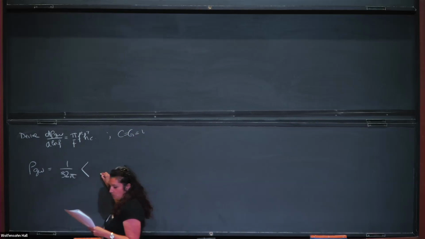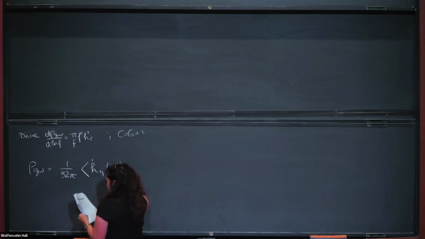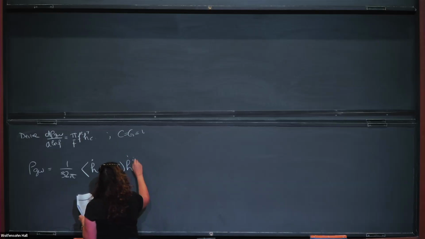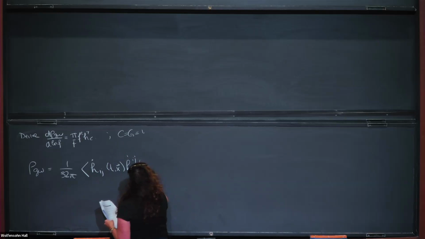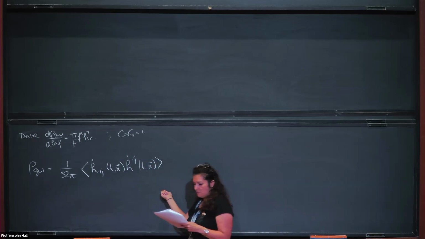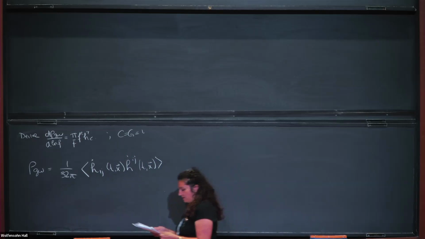So rho GW is 1 over 32 pi, and then we have this ensemble average of h dot ij(t,x) and h dot ij(t,x). So here the dots are the time derivatives, and this is an ensemble average of waves, so you average over many wavelengths.